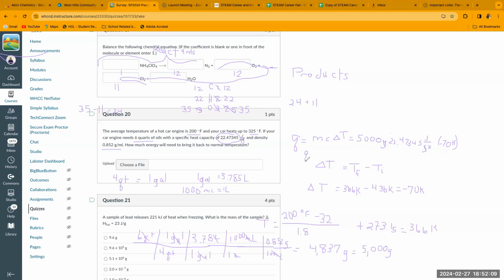Our Q has one significant figure. Actually, I'll write it all out first.